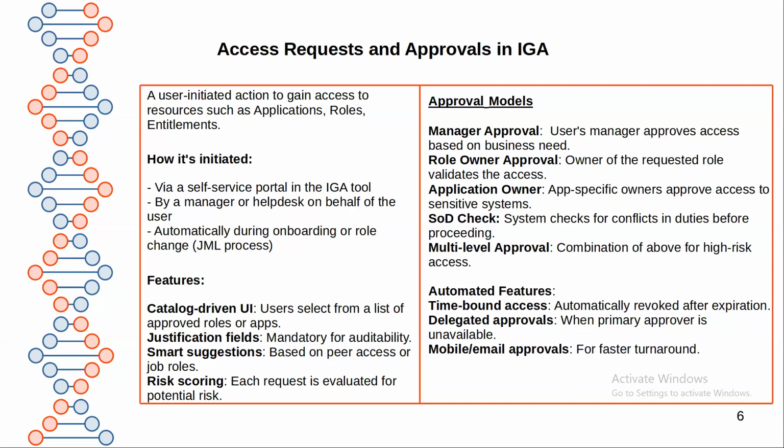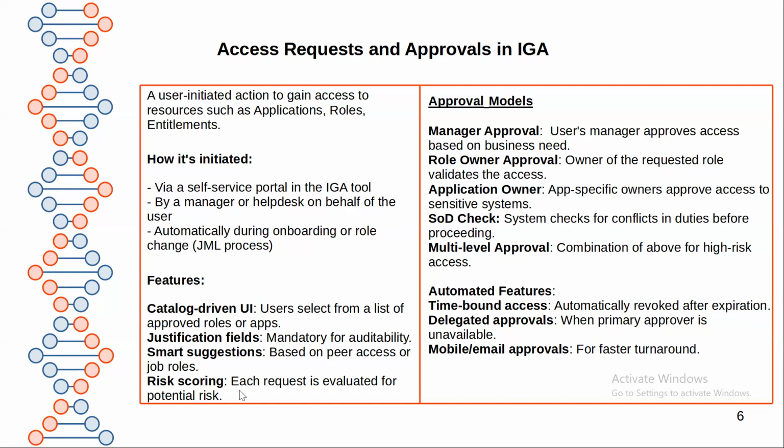You are raising a request, and the moment you log into IGA, it will have its own automation and understanding that someone who is already part of the SAP team requires these accesses. So as part of smart suggestions, IGA can provide you these particular options by default, and you can click on whatever is required and create an access request.